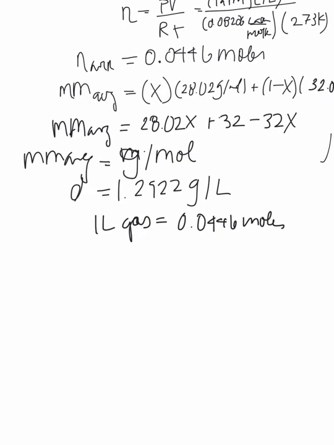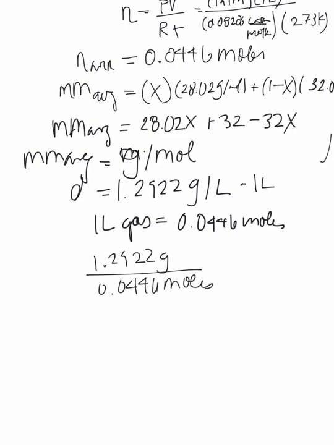So if we multiply this value by 1 liter, we get 1.2922 grams. And in that same liter, we also have 0.0446 moles. If we do the math and divide this out, we get an average molecular weight of 28.97 grams per mole.